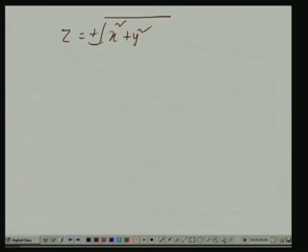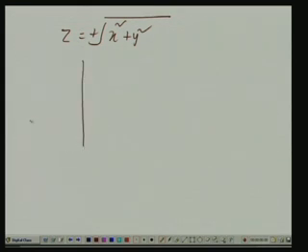For any given capital Z in the xy plane, this corresponds to a circle of radius capital Z, right. That means, what is the probability distribution? How to find it out?